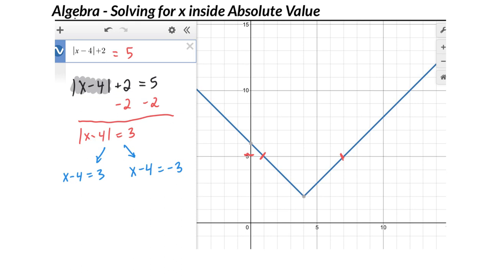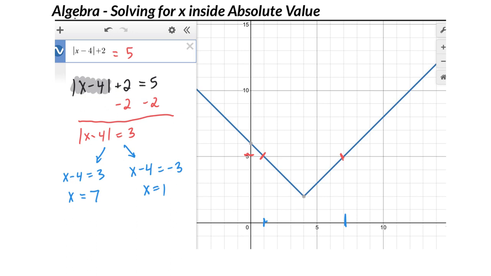So I add 4 to both sides in this problem and in this problem, and there's 1 and 7. There are my 2 solutions. So once you have your absolute value piece, then you just set that equal to both the positive and negative versions of the answer you want.